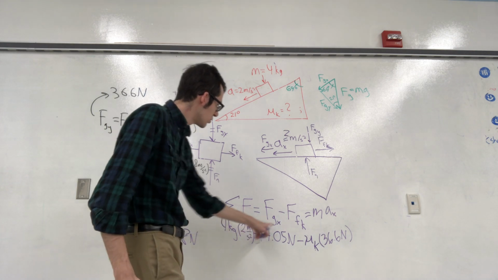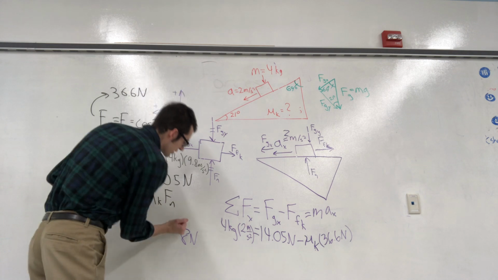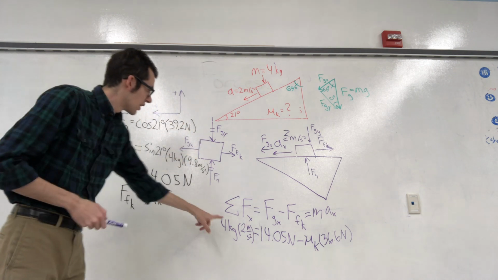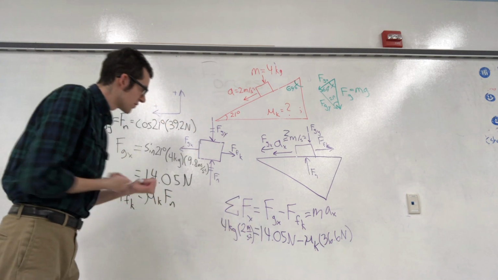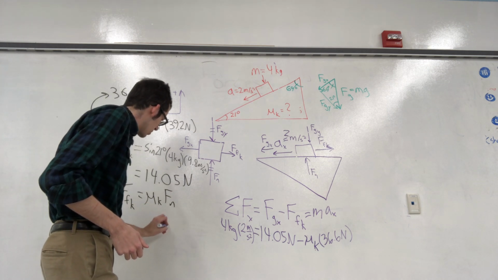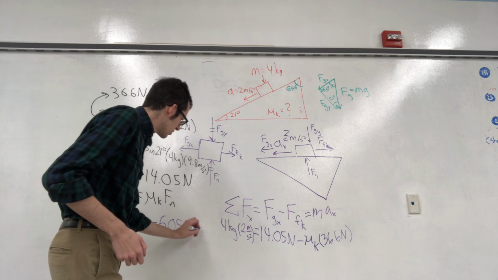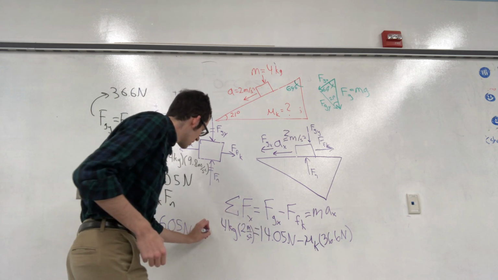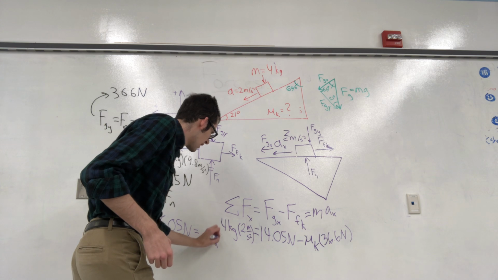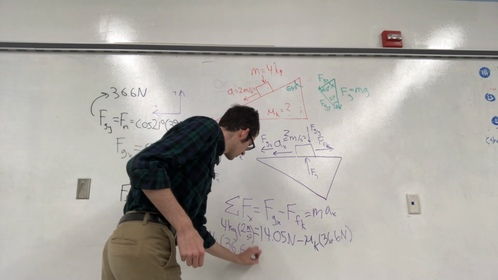So I'm going to take that 8 newtons, I'll subtract 14.05. 8 minus 14.05 should give us a negative 6.05 newtons. And that's equal to negative mu k times 36.6 newtons.